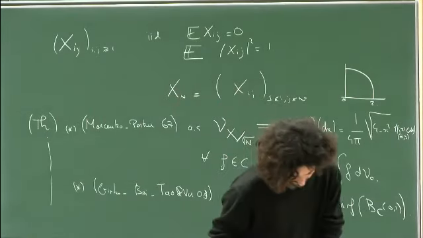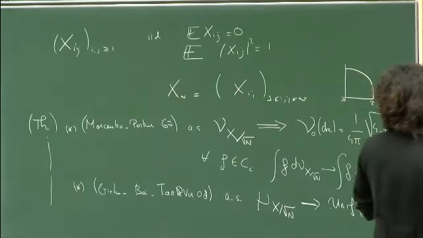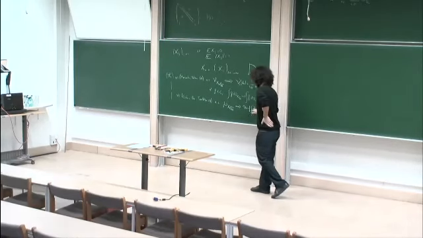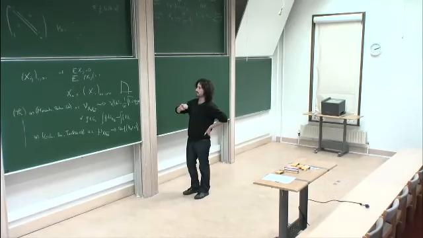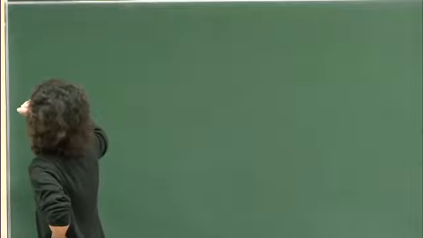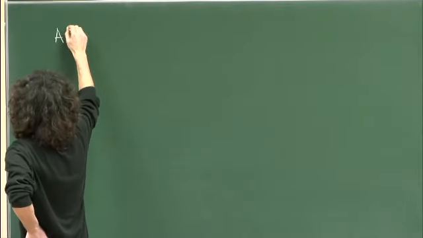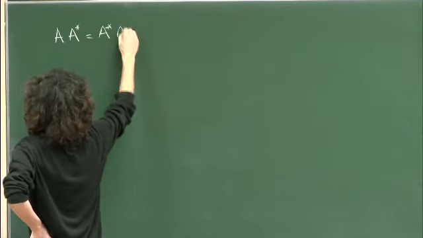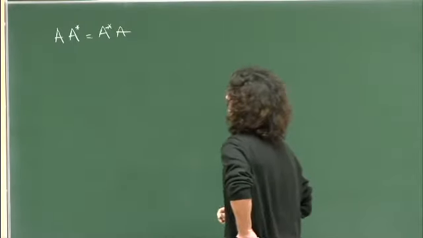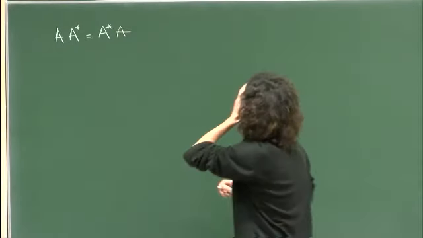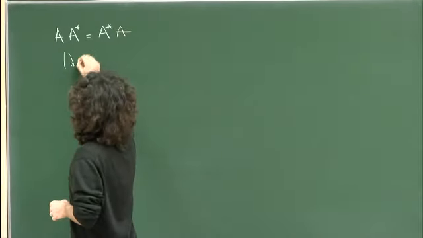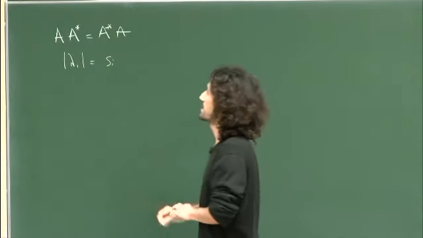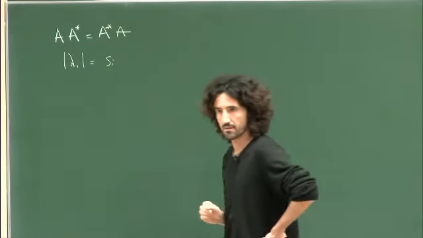So what does it tell you? Apart from the beauty of this uniform distribution. So for example, if your matrix A is normal, when A star A is equal to A A star, then the absolute values of the eigenvalues are the singular values. Okay.